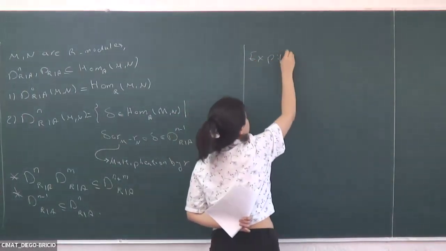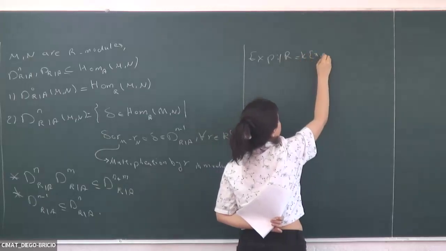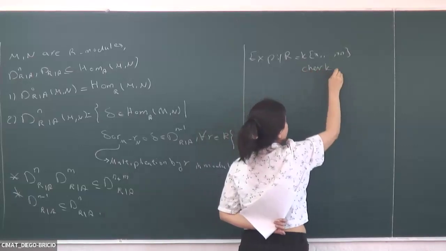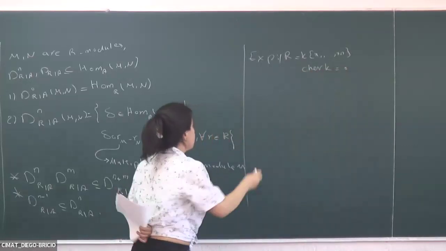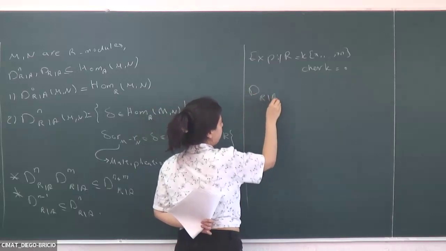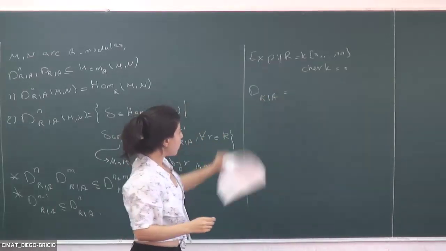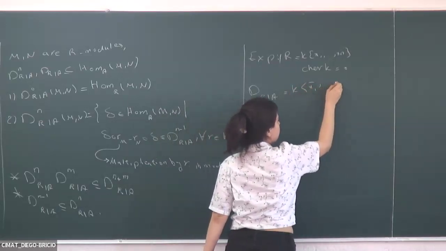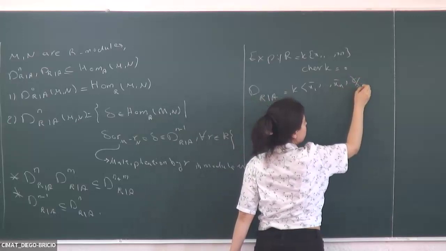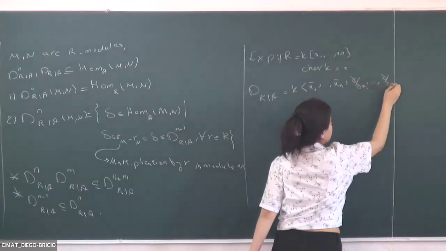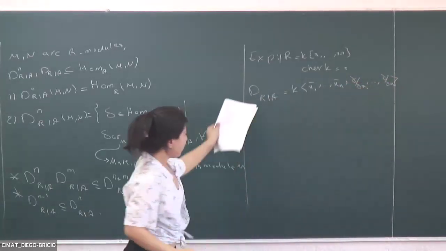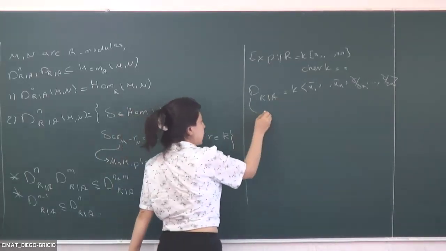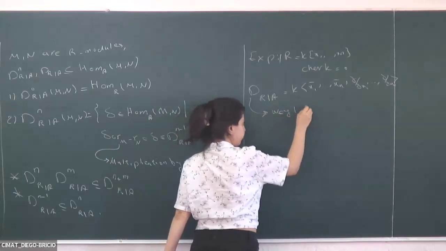Assume that R is a polynomial ring with n variables such that the characteristic of R is 0. Then the ring of differential operators of this polynomial ring is generated by the partial derivatives, the partial over partial x_i.